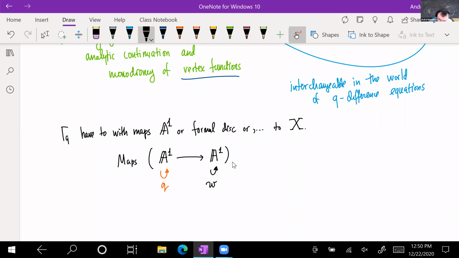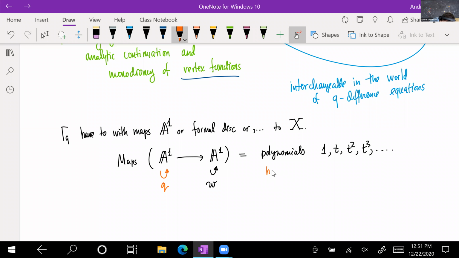So these are just polynomials in one variable, or whatever your field is. Polynomials 1, t, t squared, t cubed, and so forth.